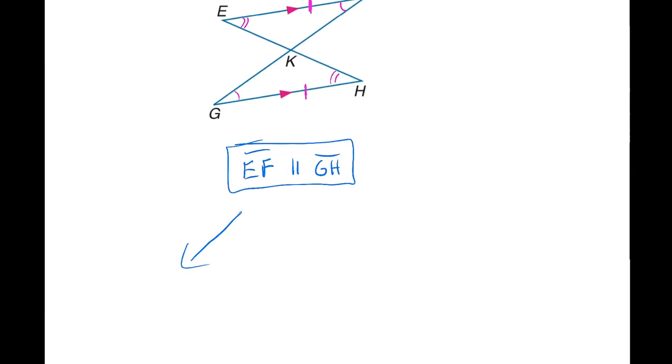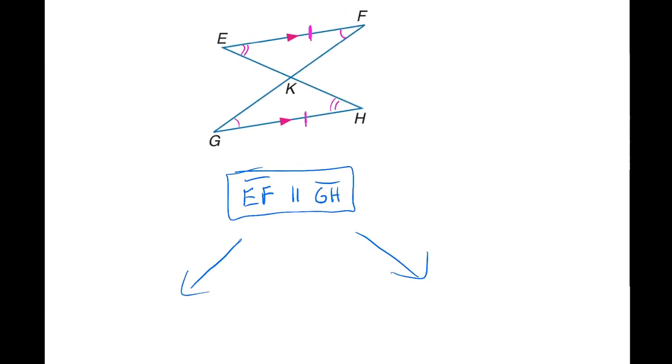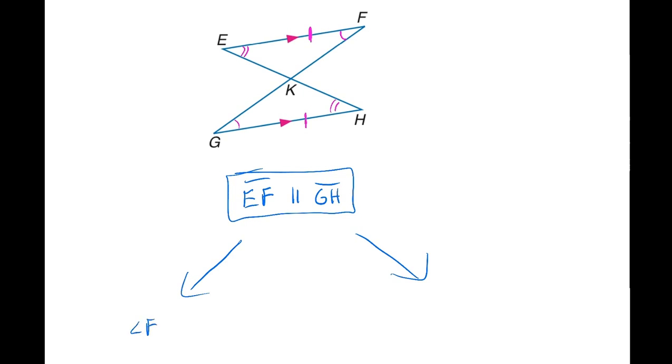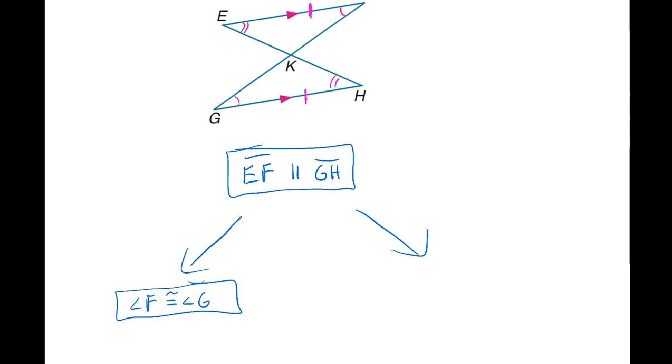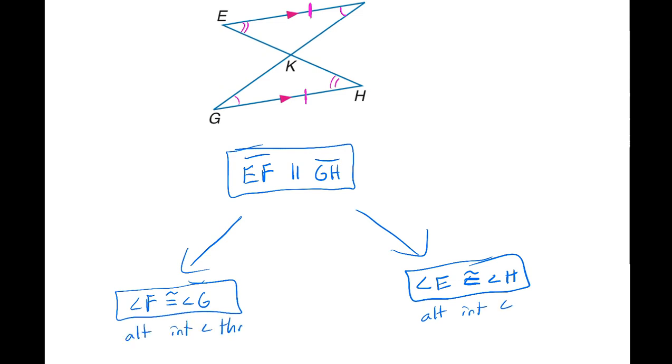That means that angle F is congruent to angle G. That's the alternate interior angle theorem, and also E is the same as H. So angle E is congruent to angle H. And both of those are the alternate interior angle theorem, or biconditional, you could call it that if you wanted.